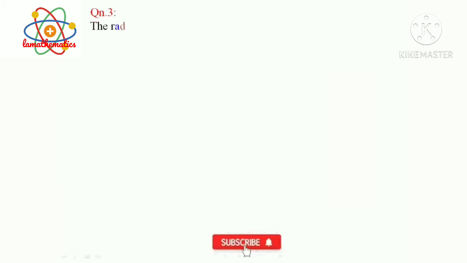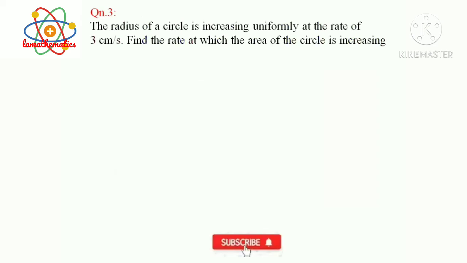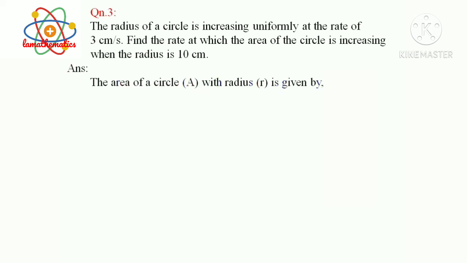Question number 3. The radius of a circle is increasing uniformly at the rate of 3 centimeter per second. Find the rate at which the area of the circle is increasing when the radius is 10 centimeter. Answer. The area of a circle capital A with radius small r is given by capital A equal to pi r square.